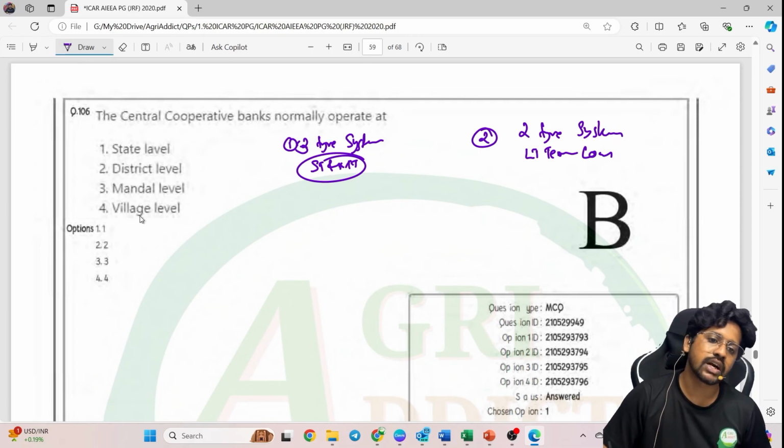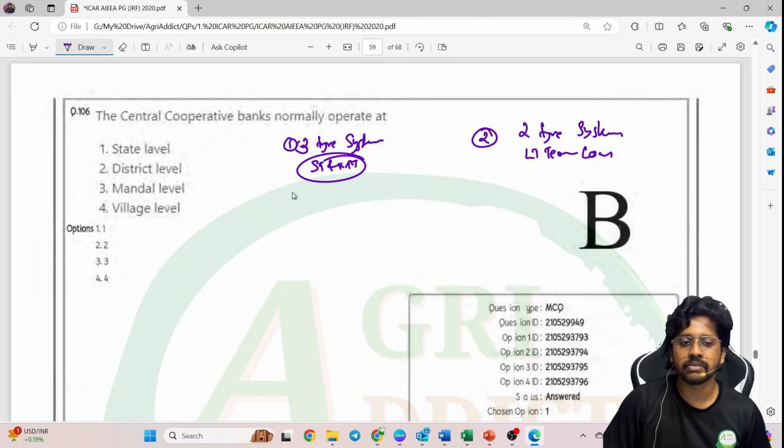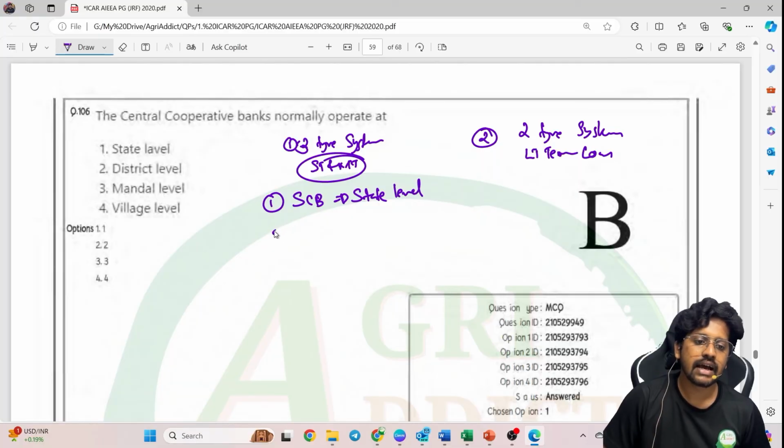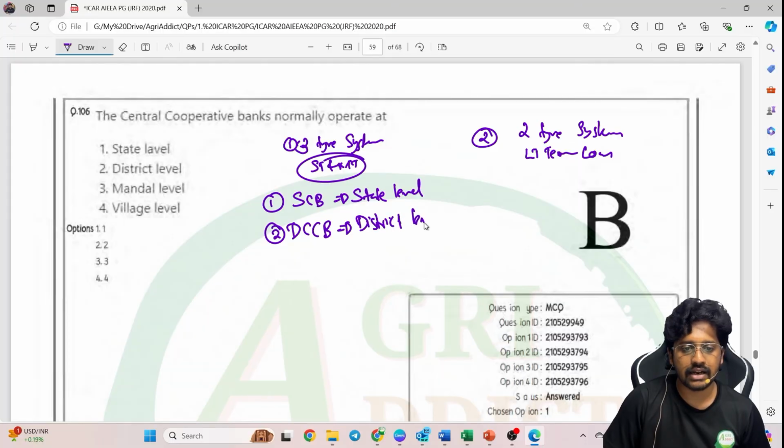So what were the components of this three-tier system, which disburses the short-term and medium-term loans? First will be the state cooperative bank, which works at the state level, right? The second one, under the state cooperative bank, will be the district central cooperative banks, DCCB, at the district level, right?